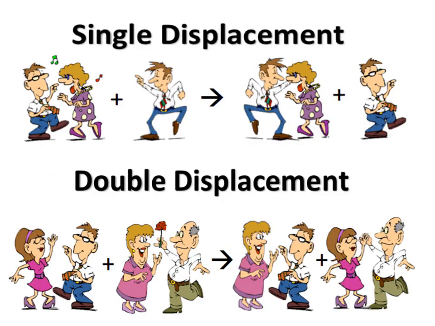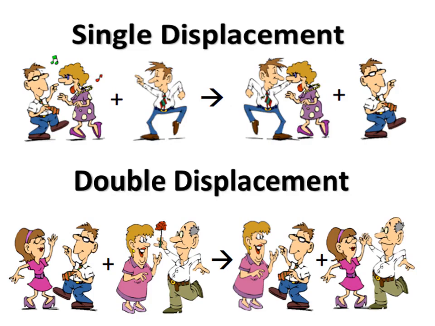And here, in the form of a cartoon, they have given the explanation of single displacement and double displacement reactions. I found it very useful and quite an easy way of learning, so I am sharing this with you. You can see in the single displacement reaction there is a couple and there is a different boy.